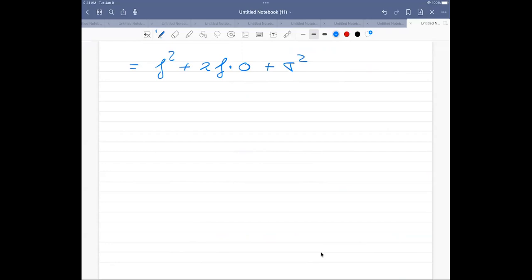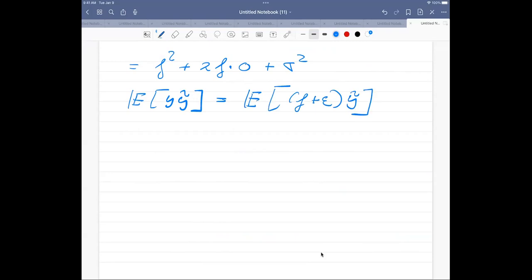Then the next term which we need to deal with is the term where we have a number 2 in front of it, but we have y times y tilde. And we would now introduce the model again, or the assumption we've made about the data. So this is f plus epsilon times y tilde.